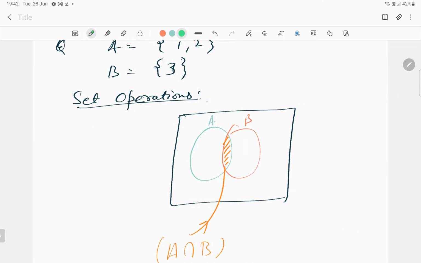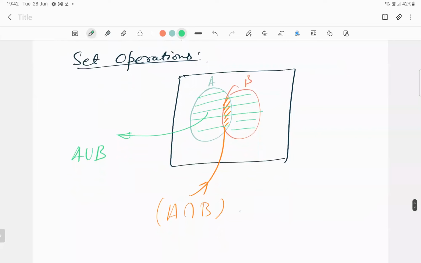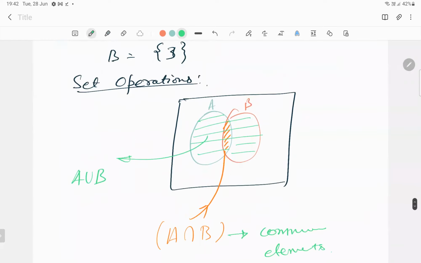So this whole part is your A union B. Intersection is this common part, the hashed part. So you can write the common elements. That's what we have studied when we saw the definition of intersection.